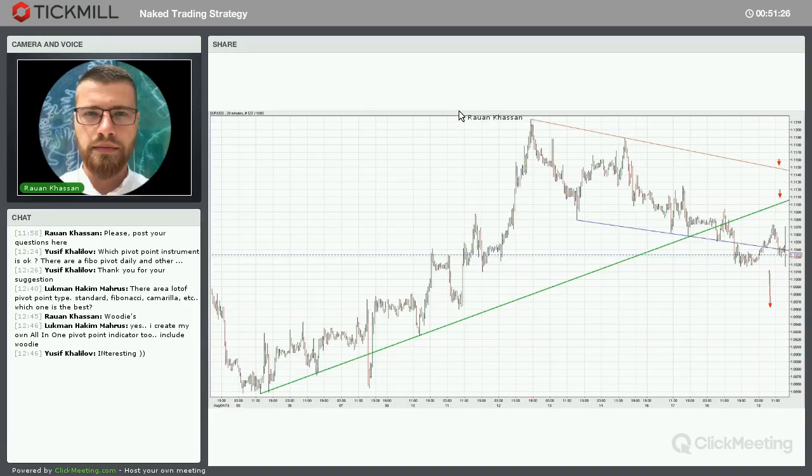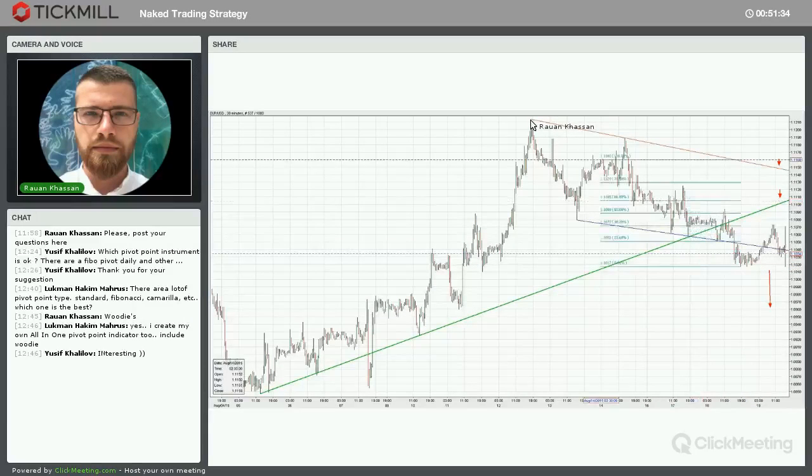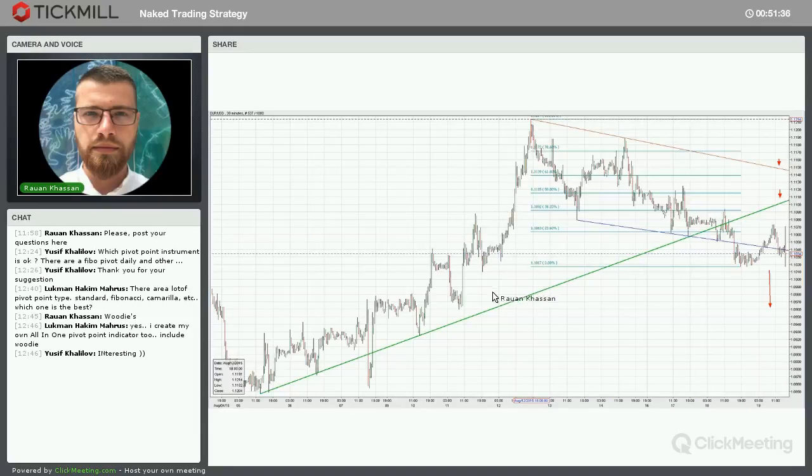If you want to see how it works with Fibonacci, we put retracements. We connect the lows and highs of the recent decline. So you are able to see that dynamic lines correspond to 61.8%.